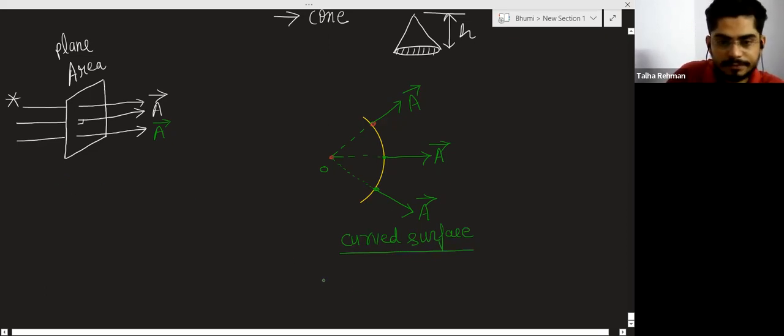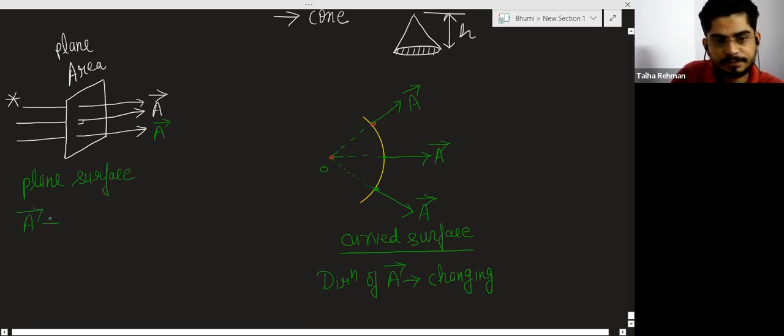Here you can see that the direction of the A vector, meaning the area vector, changes with position. You are changing the position, and here on the plane surface, the area vector is not changing, or you can say it will remain the same.